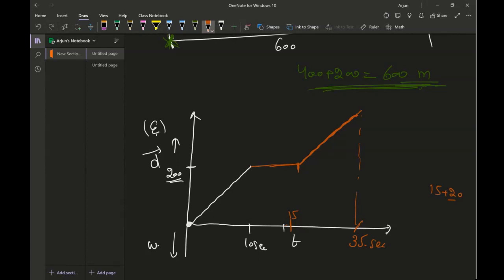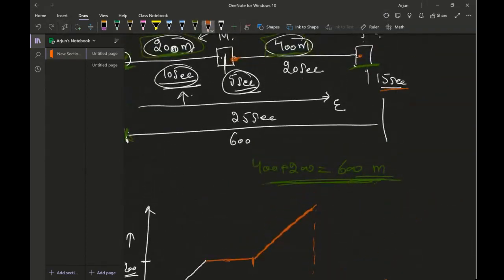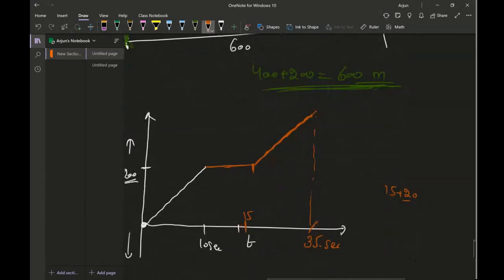So after 35 seconds, he will be in his school. Now, in school, he stays for 15 seconds. So for the next 15 seconds, I have to extend this graph. He stays in the school, doesn't go anywhere.